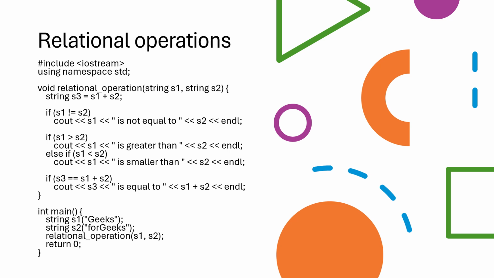So this implements the string operations using the relational operations. We took two strings and check them for equal, not equal, greater than and smaller than. The constructor arguments are passed in the main statement.